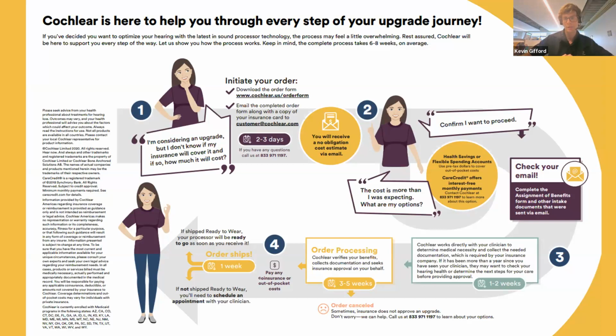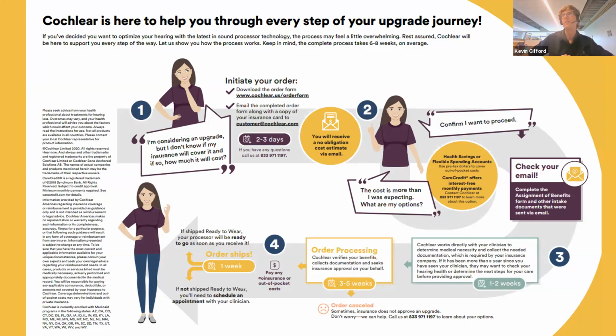So you don't have to contact your insurance. It makes it less stressful for you because Cochlear is going to take care of that for you. They are going to contact your insurance and get that out-of-pocket estimate for you. And then usually you receive an answer within a week.